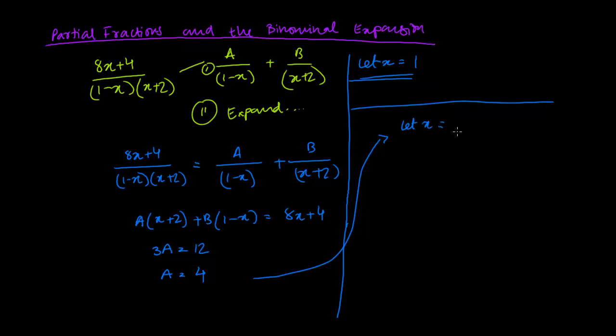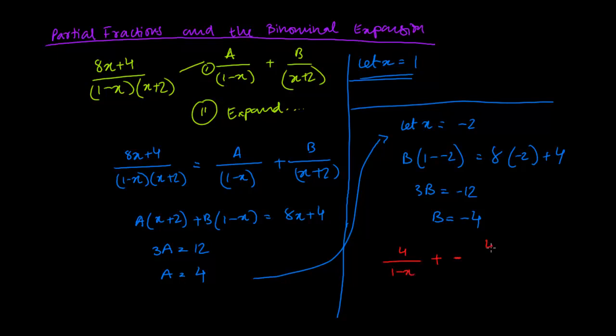Let x equal negative 2, so you get b(1 minus 2) is equal to 8(negative 2) plus 4, so you get 3b is equal to negative 12, b is equal to negative 4. So in the end you come down to 4 over 1 minus x plus negative 4 over x plus 2, which essentially equals 4 over 1 minus x minus 4 over x plus 2.